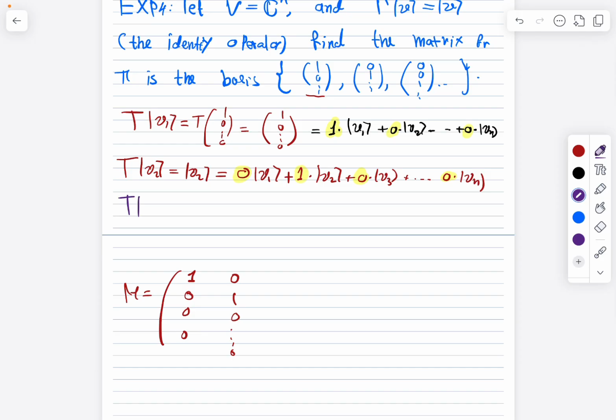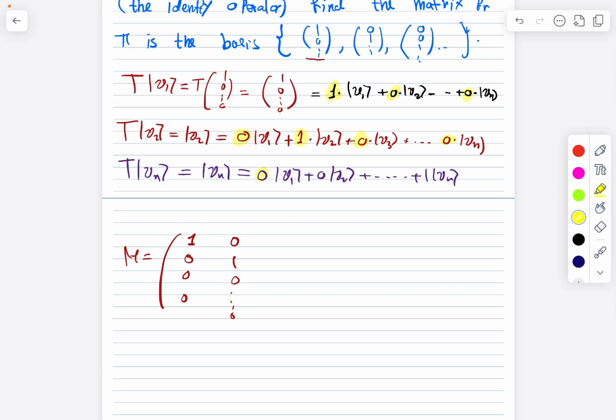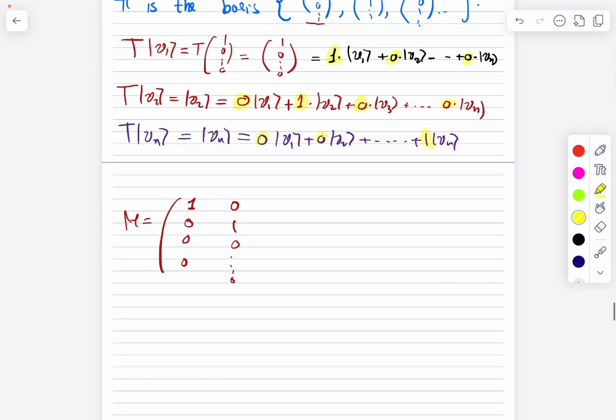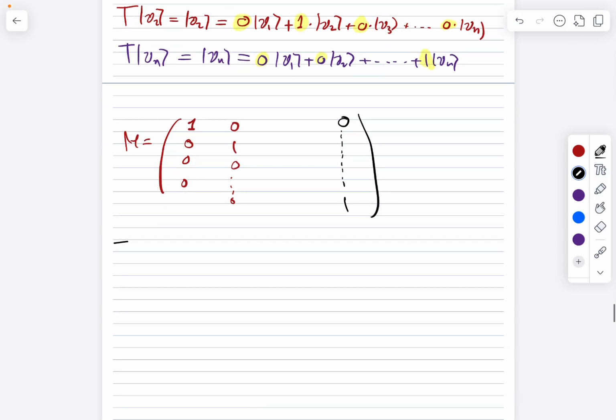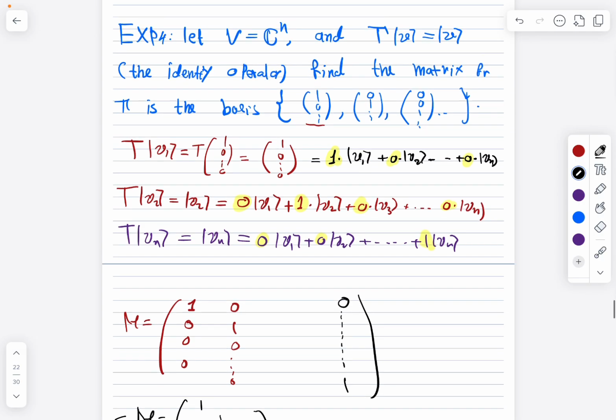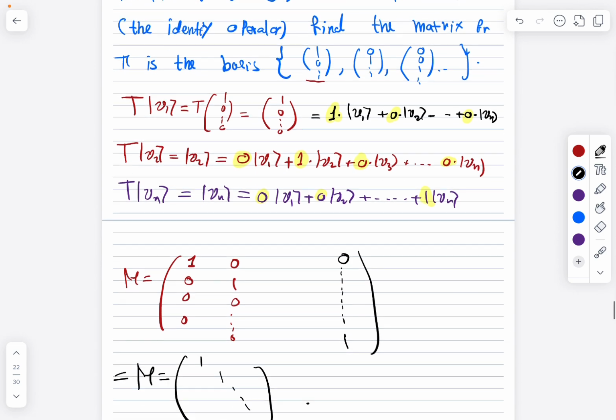Until we reach T at Vn, which equals Vn, and can be written as 0 V1 plus 0 V2 until 1 Vn. These are the components, and we put them here: all zeros except the last one. We notice that the matrix representation is all zeros except on the diagonal, so this is the identity matrix, as expected. The matrix representation of the identity operator is basically the identity matrix.